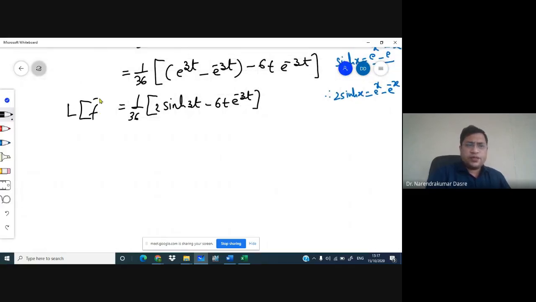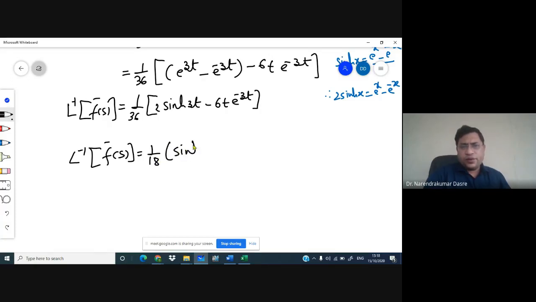So this is the Laplace transform of f of s. So you got the Laplace inverse of it. You can have 2 common, so I'll be having 1 by 18, then sine hyperbolic 3t minus 3t into e raised to minus 3t.